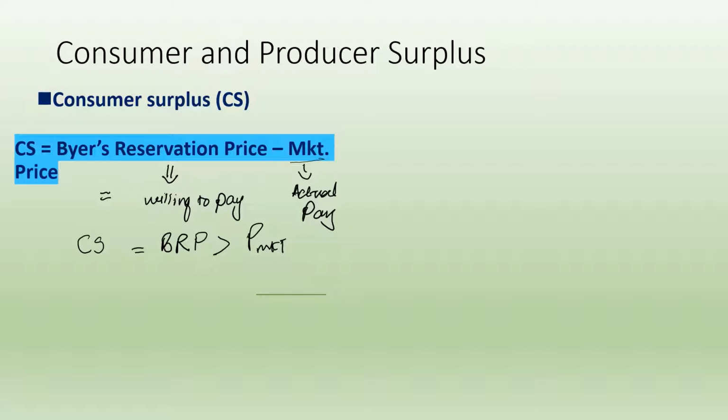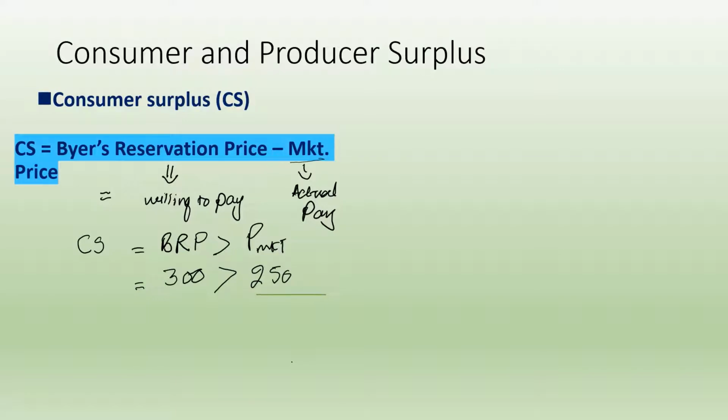How? For example, suppose the maximum price at which a buyer is willing to buy a laptop is $300, right? And the market price of the laptop is just 250.